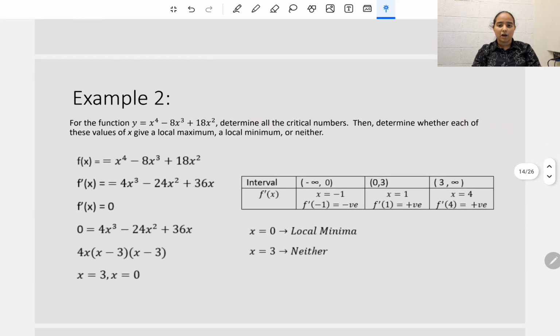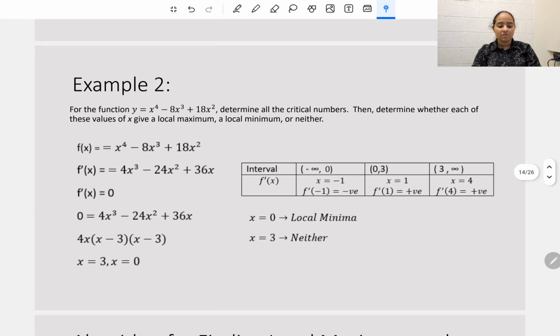Now let's look at example 2. For the function f of x equals x to the power of 4 minus 8x cubed plus 18x squared, determine whether these values are a local maximum, a local minimum, or neither. So the first step is to differentiate the function. So f prime x is equal to 4x cubed minus 24x squared plus 36x.